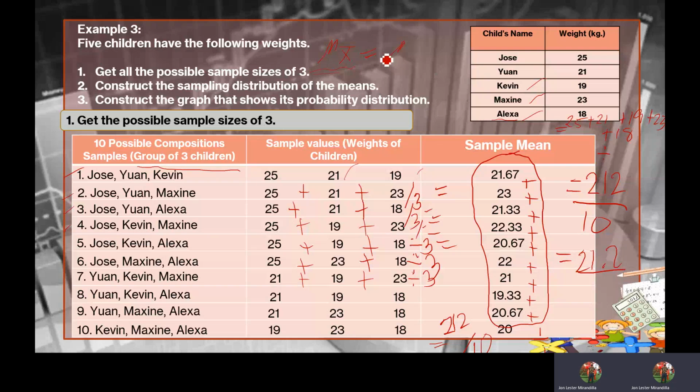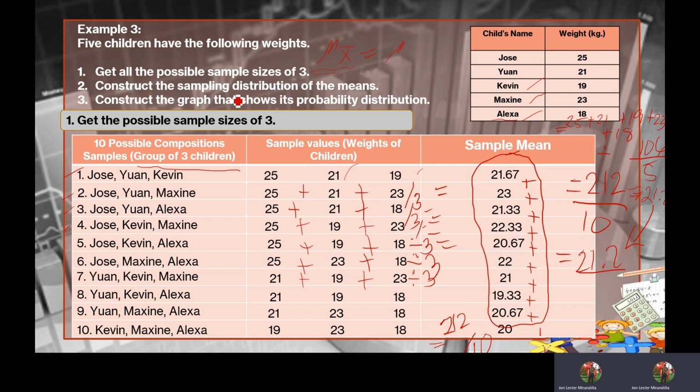So the total sum of these given 5 values is 106, divided by 5 will give us the result of course, 21.2, which is similar sa mean na nakuha nating sa sample means.